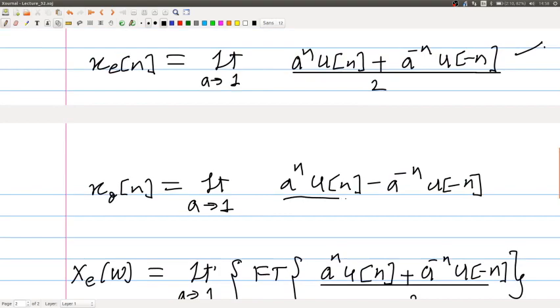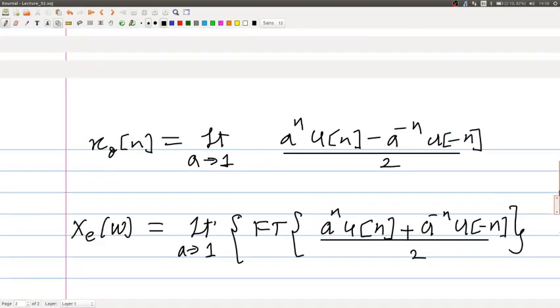Oh, so there's a 2 in the denominator here as well, right?